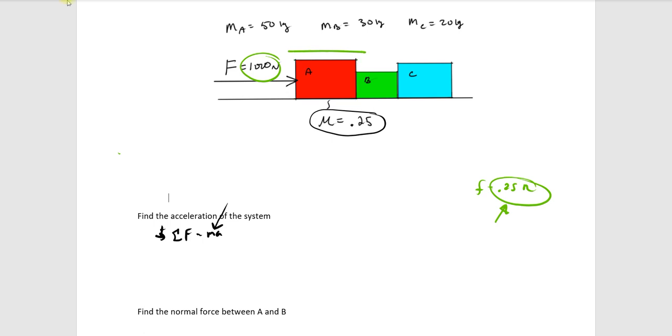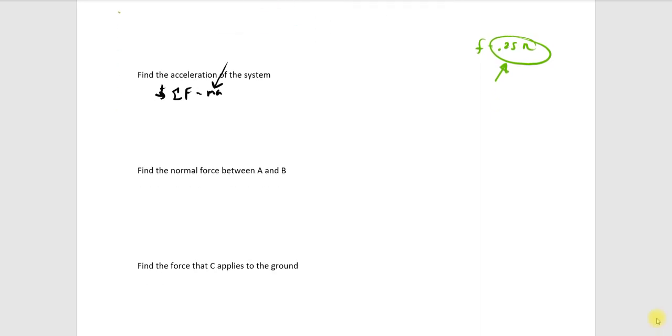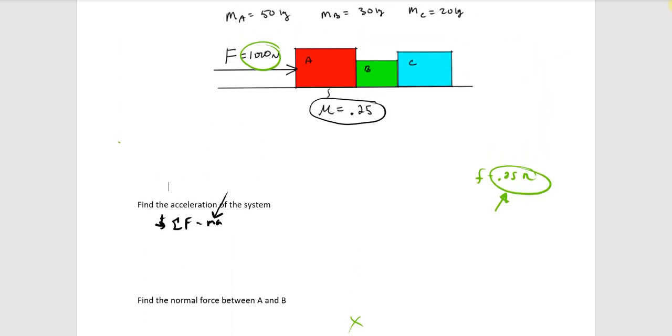Then what you would do is draw a picture of mass A, and mass A alone. Draw that maybe right here. And that should have, let's start talking about force vectors, an mg down where you use mass A only. It should have a vertical normal because of this surface right here.